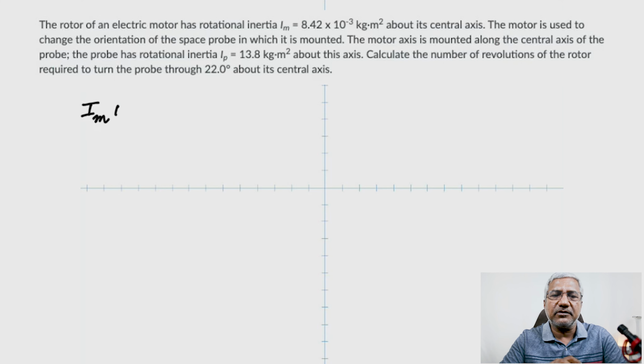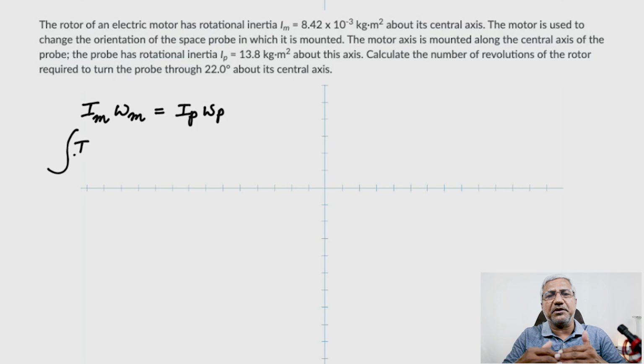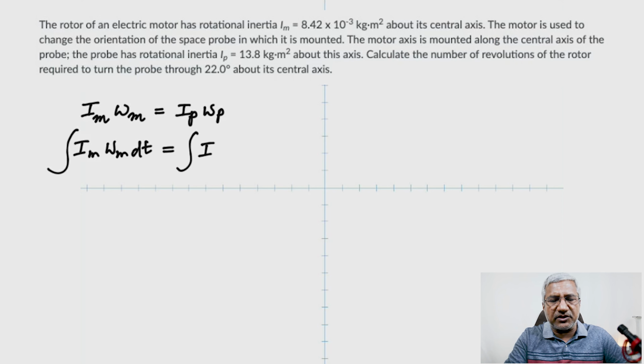And what is that? That I times omega is a constant, which means I_m omega_m is I_p omega_p. Take the integral. And you know why we're taking the integral? Because we know that omega dt is nothing but theta.